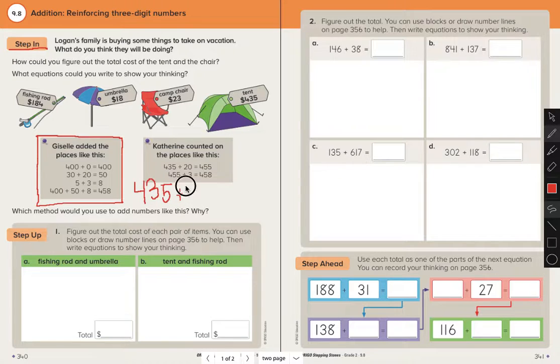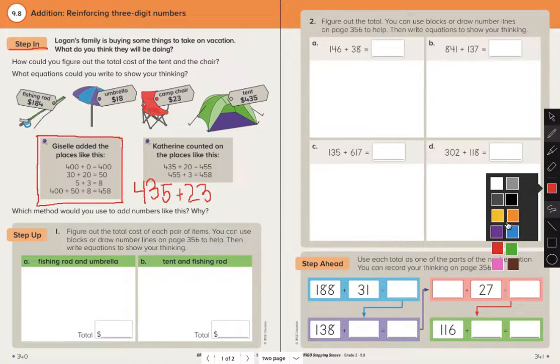Are you ready? Okay. Well, let's take a look. So our equation is going to be 435 plus 23. So that's the equation that we were using. What Giselle did is she added her hundreds, tens, and ones separately, and then she wrote an equation at the end to get her total.